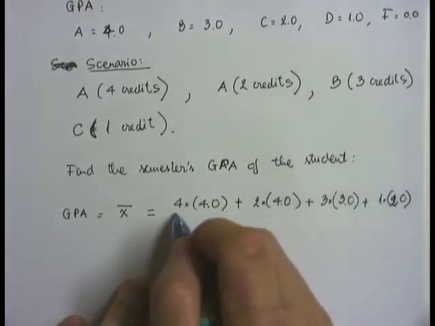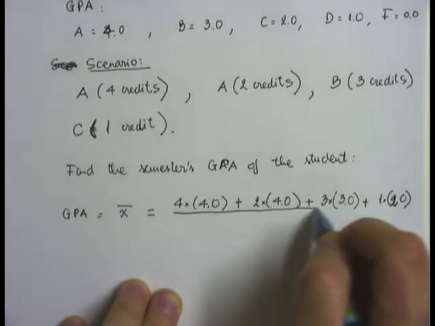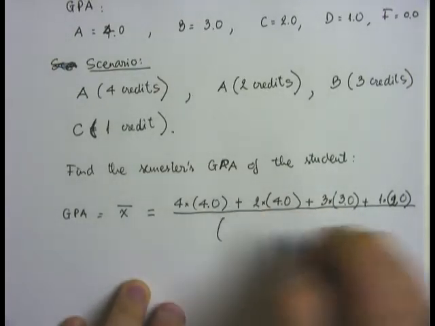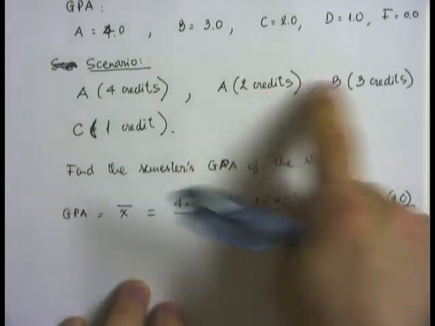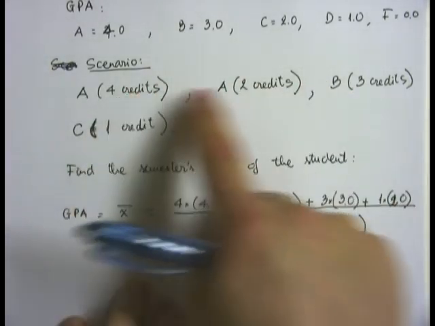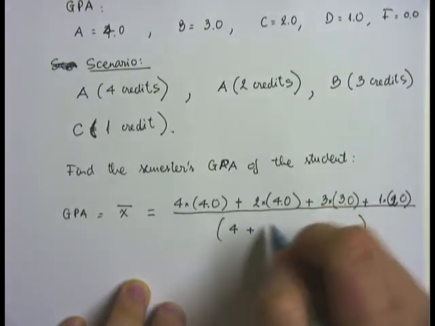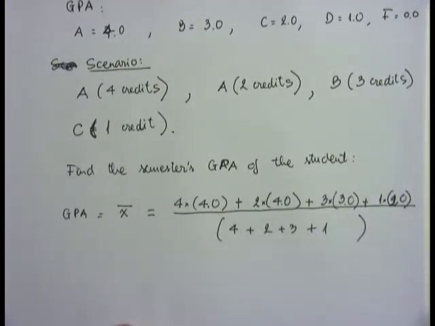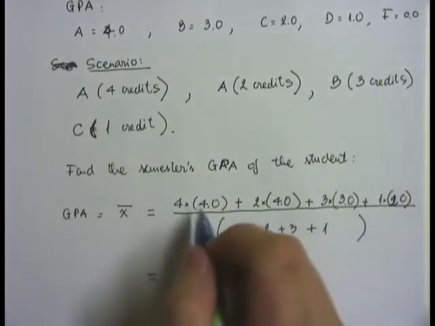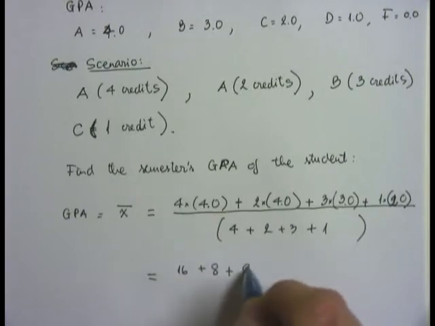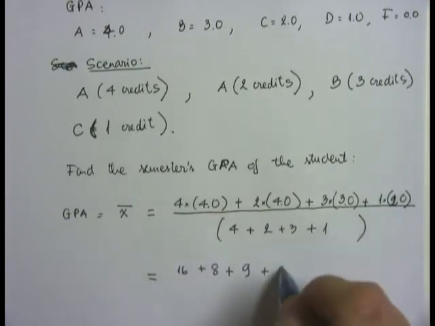Then you divide by the total of all the weights added together, and the weights in this case are all the credits. So you add all the credits together: 4 plus 2 plus 3 plus 1, which is 10. In the numerator we have 16 plus 8 plus 9, and 2 times 1 is plus 2.